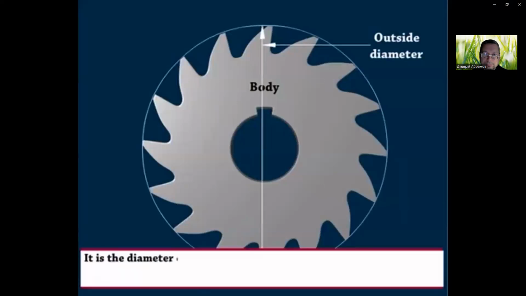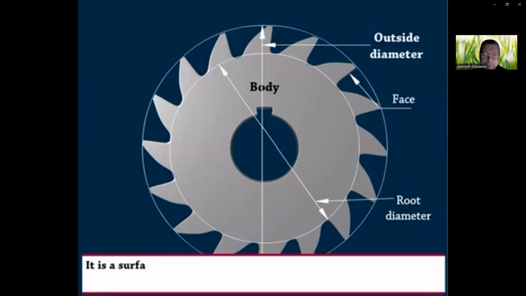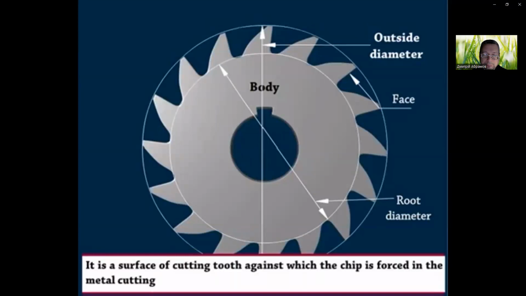It is the diameter of the circle passing through the peripheral cutting edges. It is the surface of the cutting tool against which the chip is forced in the metal cutting operation.